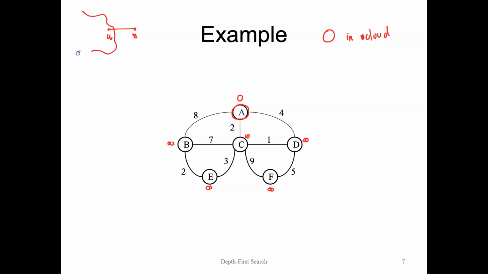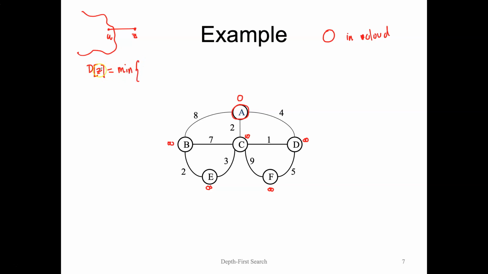Let's draw it this way. So this is a cloud of vertices. When this edge is relaxed, we update Z's distance label. So we set the distance label for Z to be the better of two possible values.